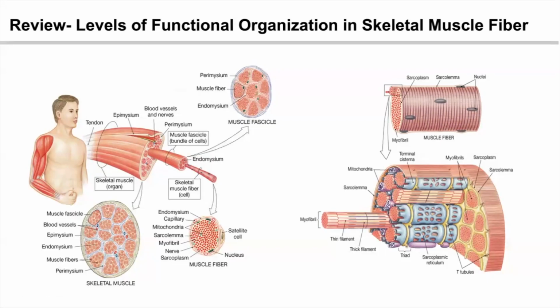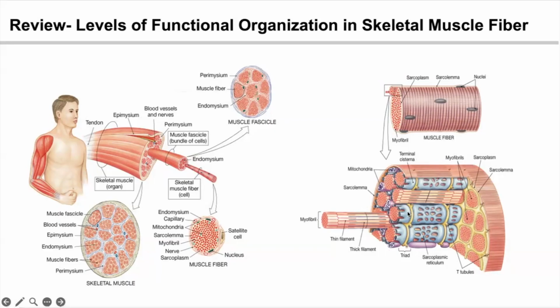They are multinucleated and very, very large. If I take a muscle fiber or a muscle cell, this is how it will look. A muscle fiber consists of small myofibrils, as shown here. These myofibrils are made up of actin and myosin filaments and are covered by sarcoplasmic reticulum.